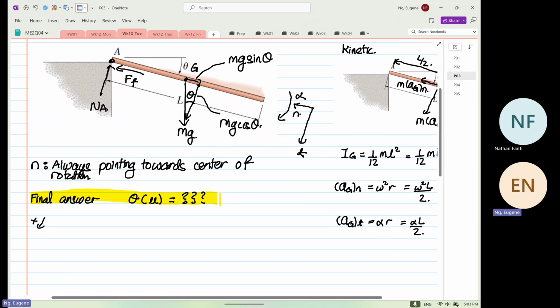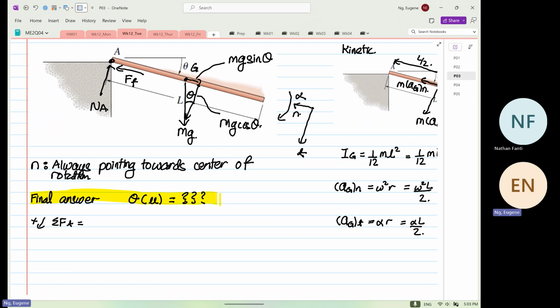So coming down in this direction, summation of forces is equal to m a_G T. We say coming down is positive, so we have minus Na plus mg cos theta.